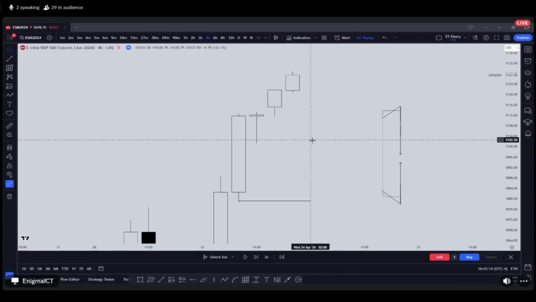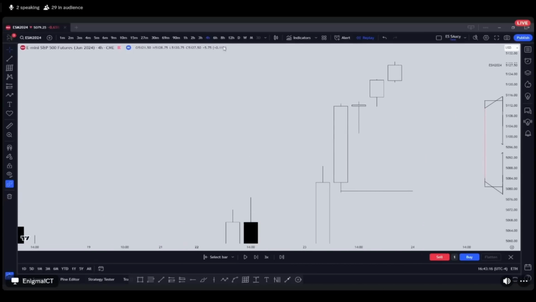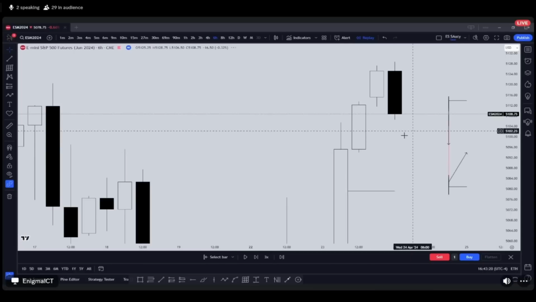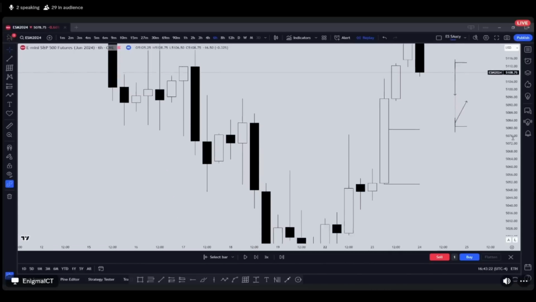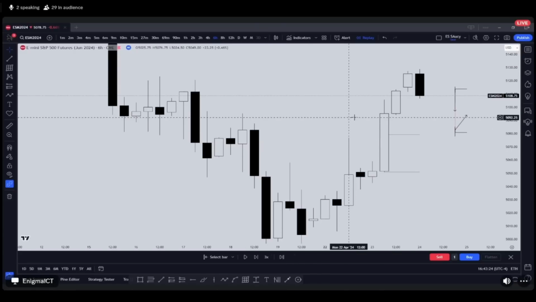What does that mean? On the 4 hour, there might be a body closure here, but on the 6 hour, see how the 6 hour goes. On the 6 hour, this is the new range. So it's not this one. You always have to look at the higher time frame first and then go to your lower time frames.